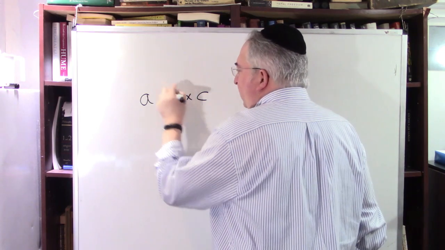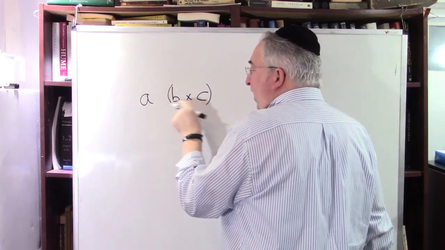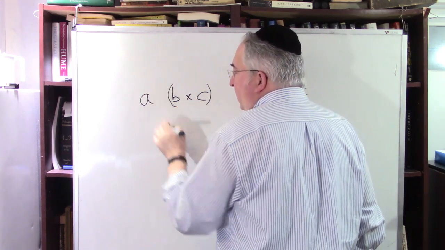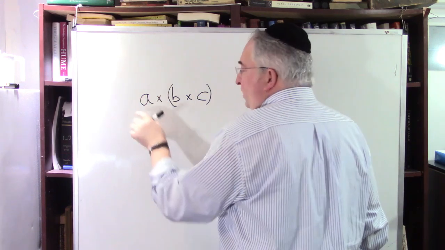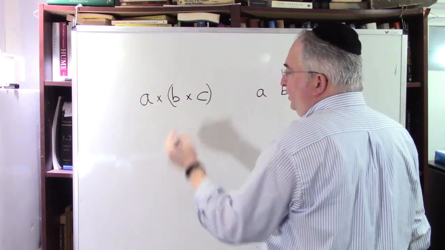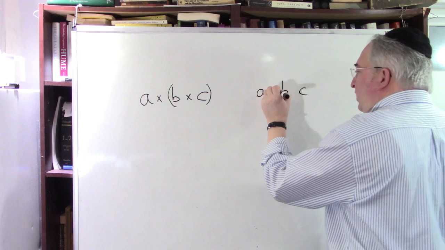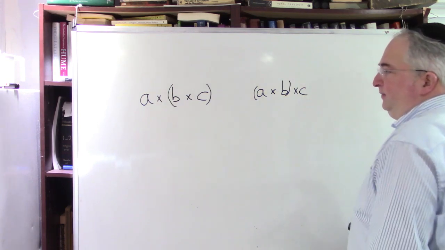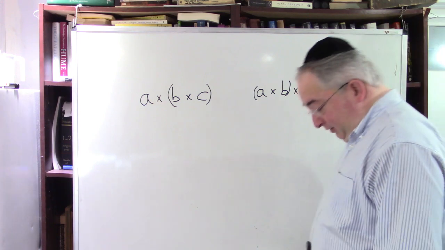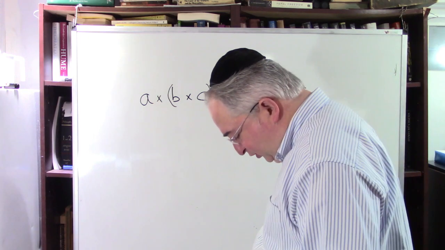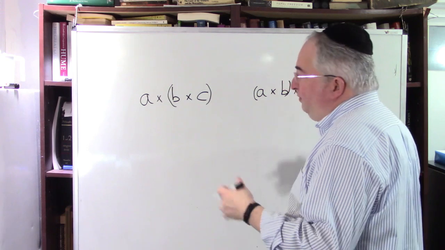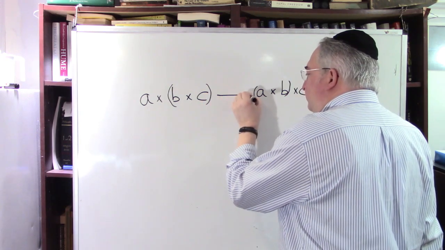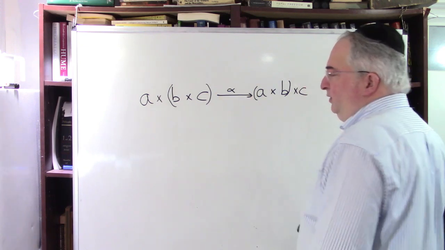So you could take this product, and then once you have the product of B and C, you have an object called B cross C, and then you have another object A, and then you multiply them. But you could also do it the other way. You could have A cross B, and then cross C. And in many categories, these are actually equal to each other, but in many categories they're not. But one thing for sure, there's an isomorphism in between them.